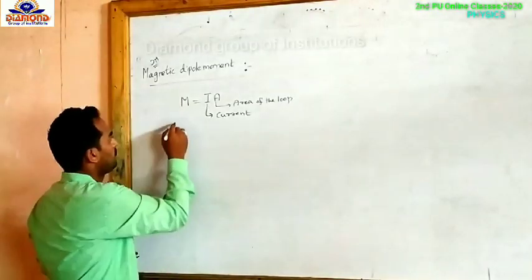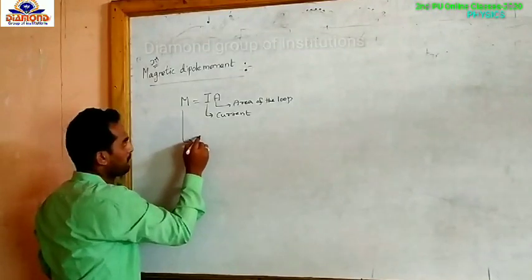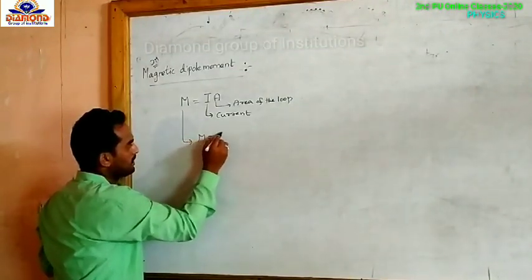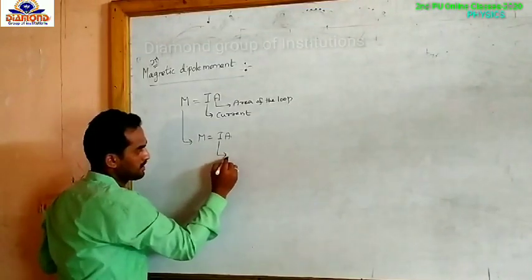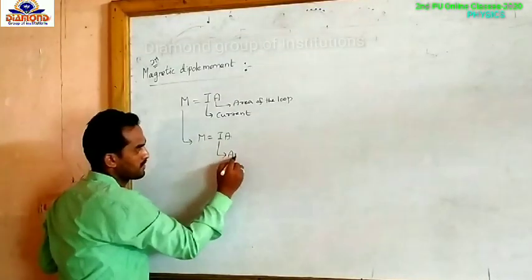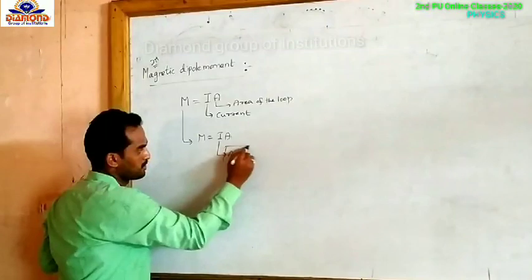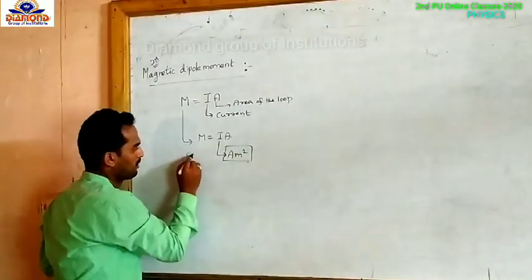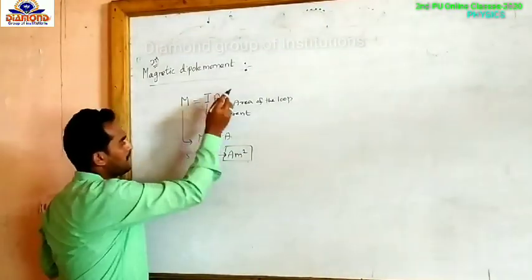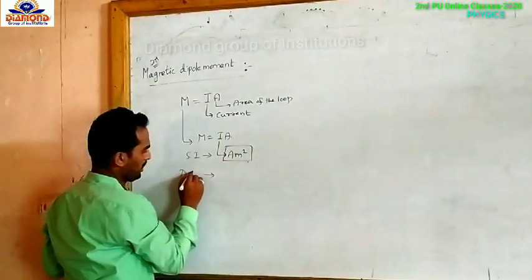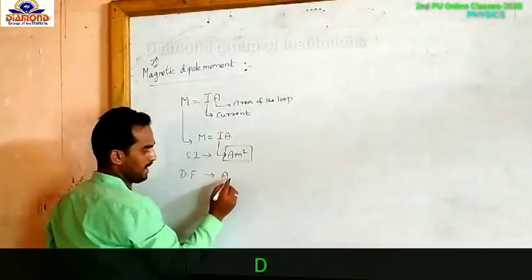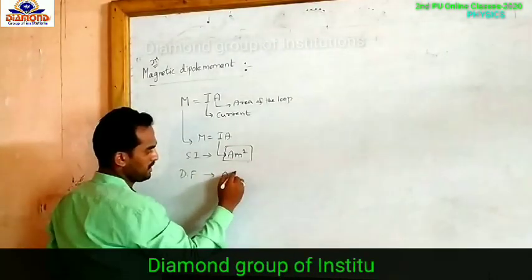And what is the SI unit of magnetic dipole moment? We can write M equal to I into A. I means current, whose SI unit is ampere. Area SI unit is meter square. So this is the SI unit of the magnetic dipole moment. Next, dimensional formula. Ampere means A and meter square means L square.